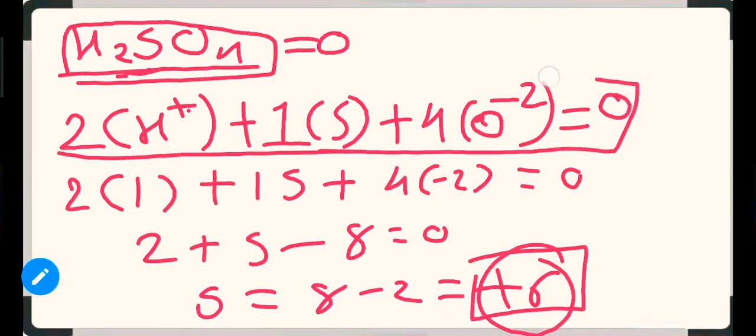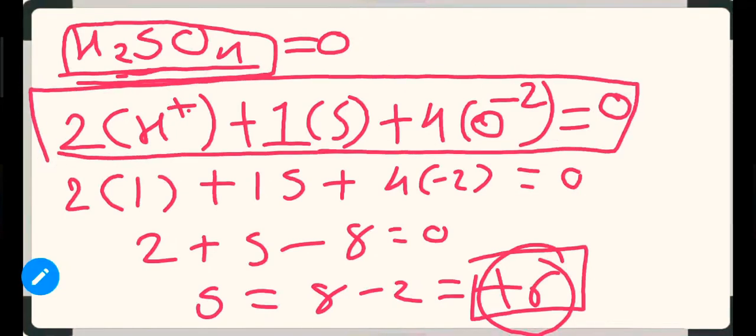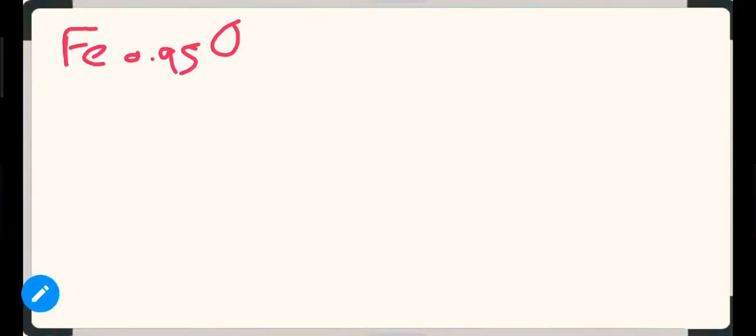We will use the same type of equation for finding the percentage of Fe3+ in our given example. Our target is to find the percentage of Fe3+, so let us assume the number of Fe3+ ions is equal to x.